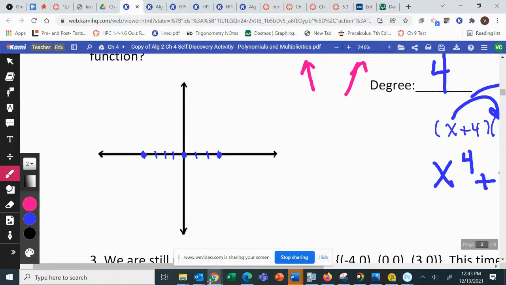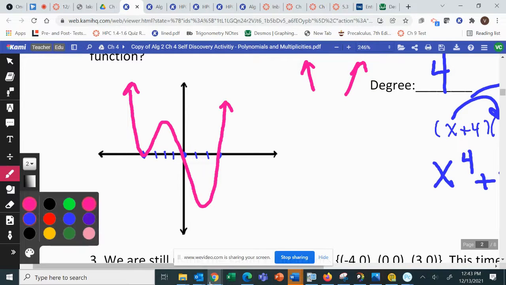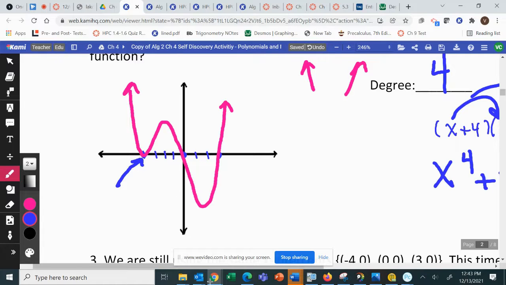So I'm going to sketch. It's not perfect whatsoever. But can somebody in their own words explain what happened at that x-intercept, -4, because the -4 was squared in the equation?